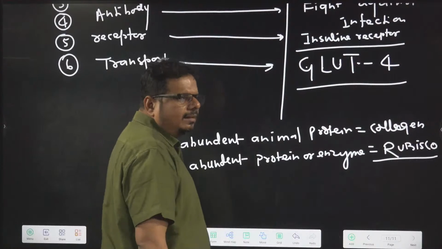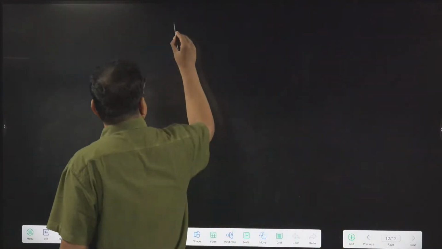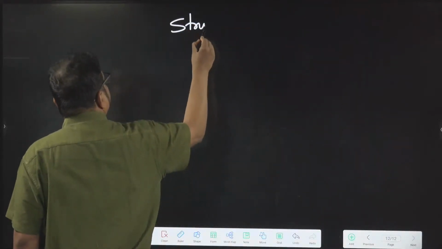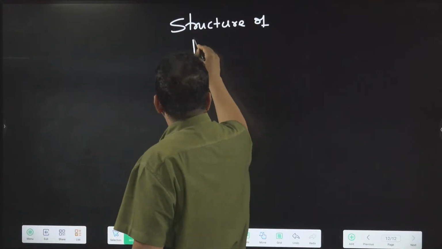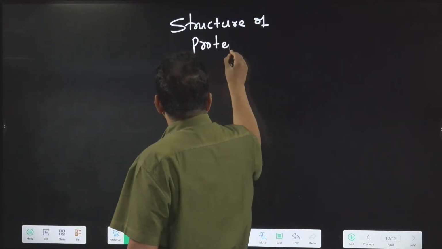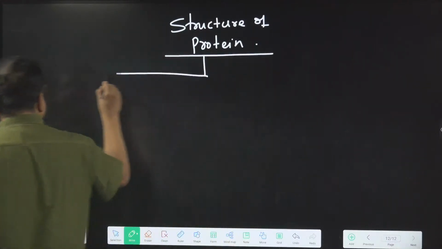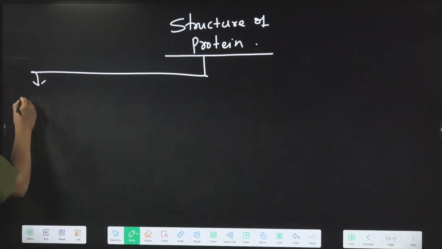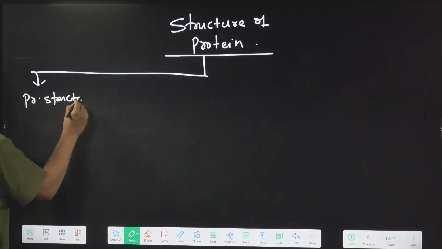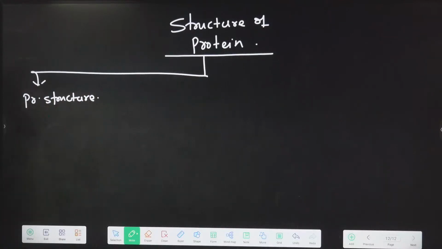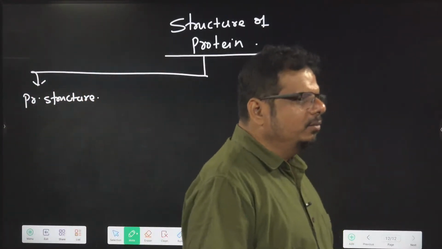What are we going to deal with? The structure of protein. If you talk about protein, it has different levels of structure. When you read NCERT, for inorganic chemistry people, what is important?